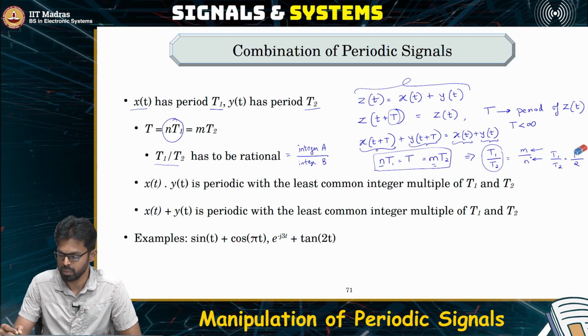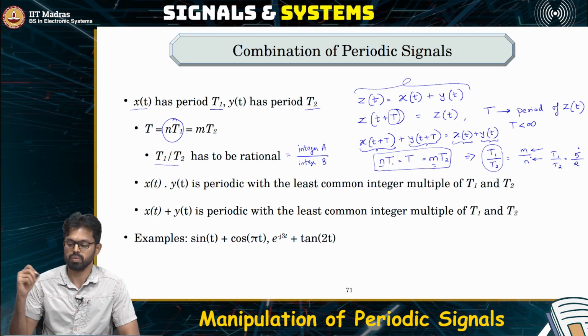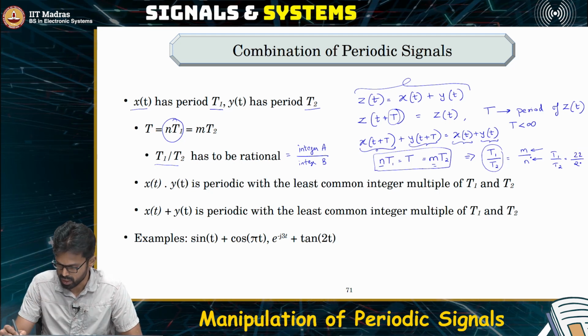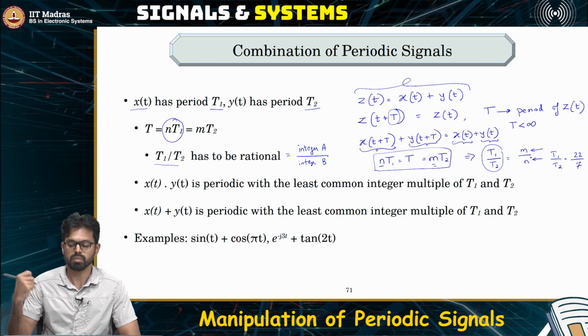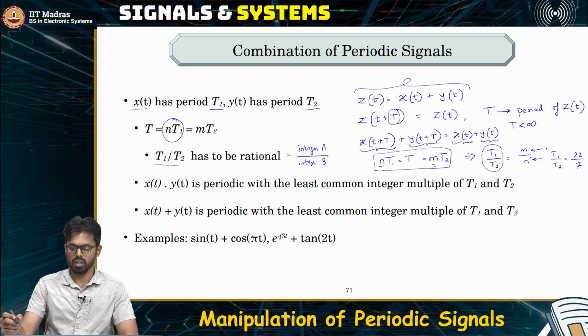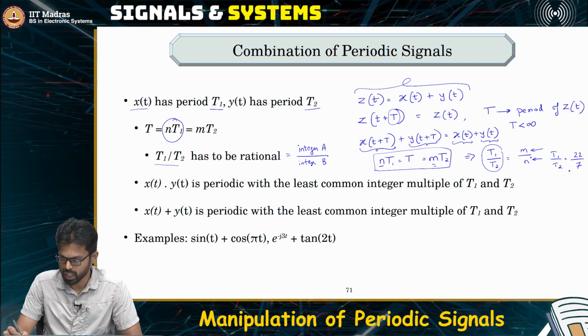If it is rational, something like say 5 by 2, it's a rational number. Or let's say 22 by 7, this is still a rational number. For such ratios which are rational, we will be able to find the period. So what is the period in this case?